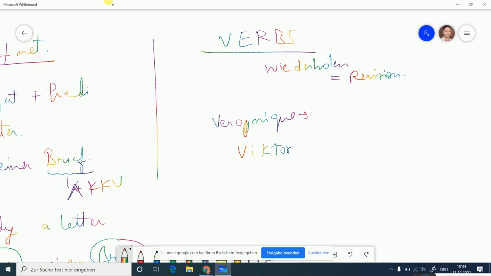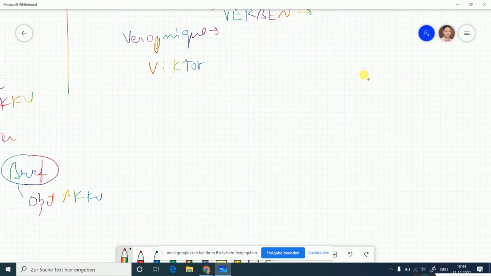So make sure that for this word you have to learn it by heart. The German counterpart for verbs is Verben. Yeah, there is no logic behind it. You have to learn it by heart.